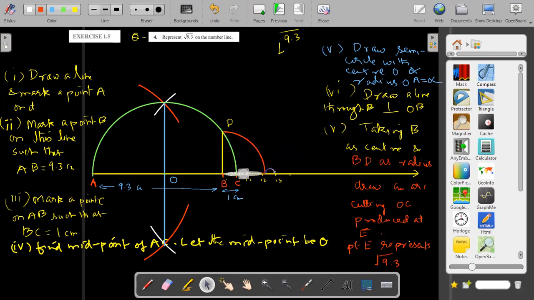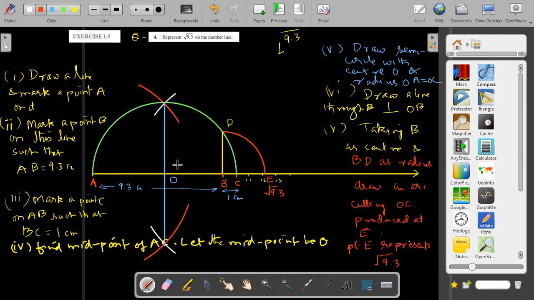This arc meets at this point, point E. This is your point E, and this is your under root 9.3 on the number line.